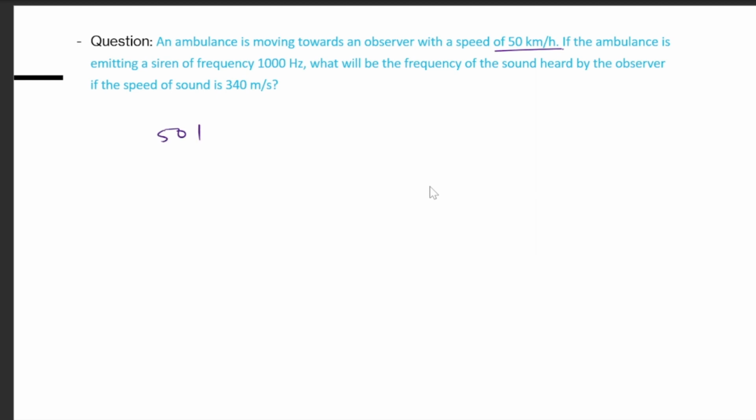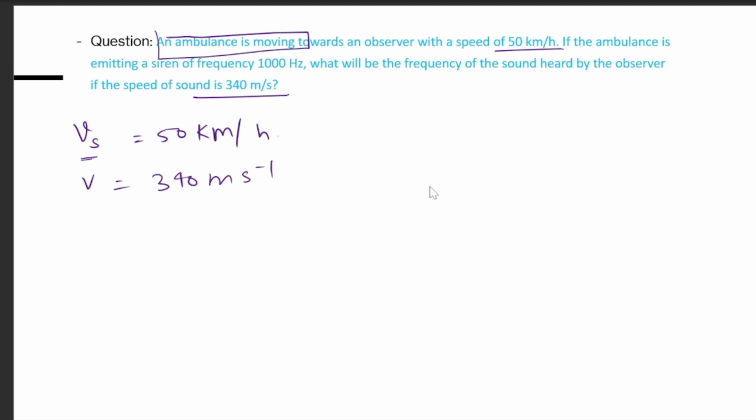This is the speed of the source. The ambulance is moving towards the observer and emitting the sound, which means this is Vs. So here Vs is equal to 50 kilometer per hour, and the speed of sound is given to us as 340 meter per second, and the frequency is given as f is equal to 1000 hertz.